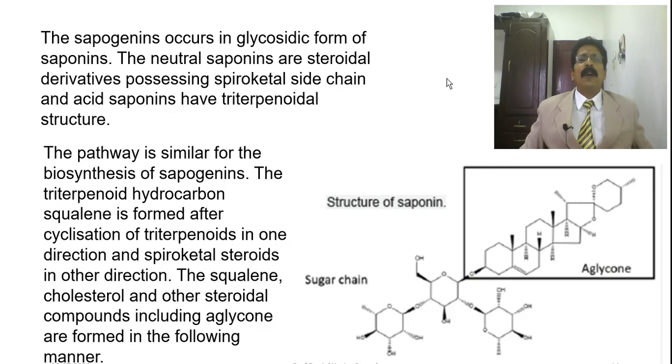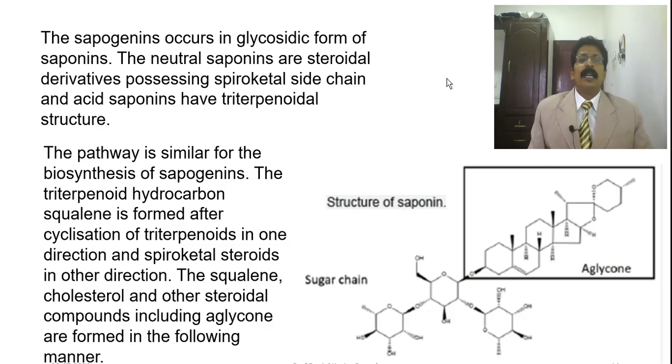A glycoside forms in saponins, that is, the neutral saponins are steroidal derivatives possessing a spiroketal side chain, and acid saponins have a triterpenoidal structure. The pathway is similar for the biosynthesis of sapogenins.